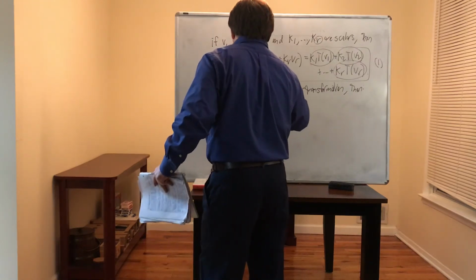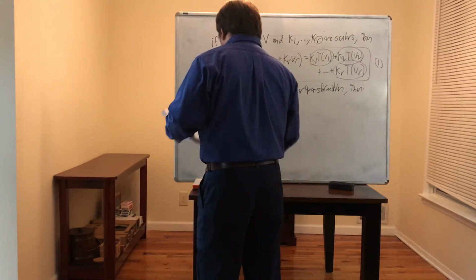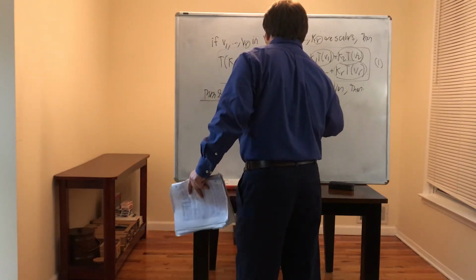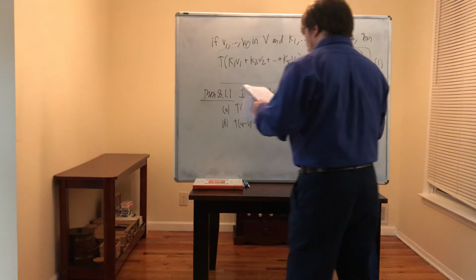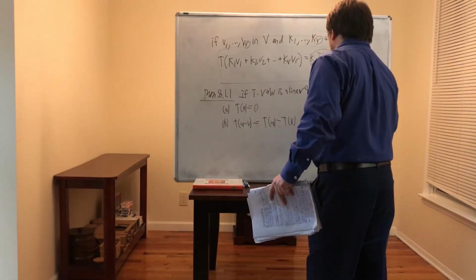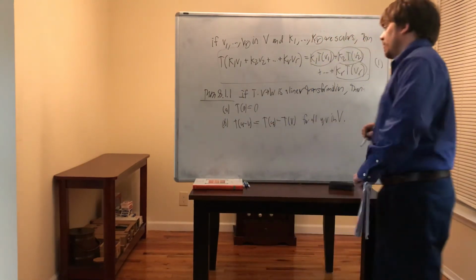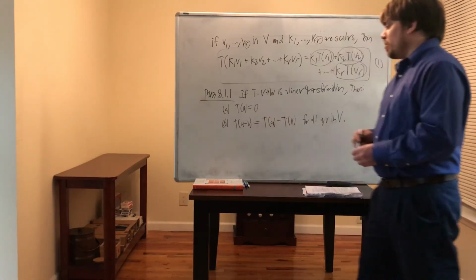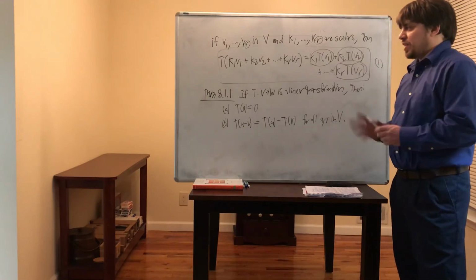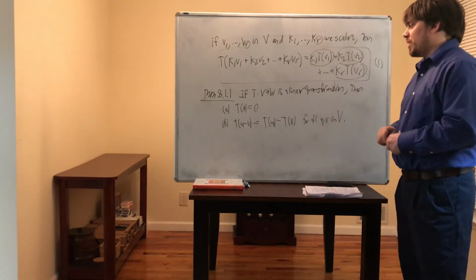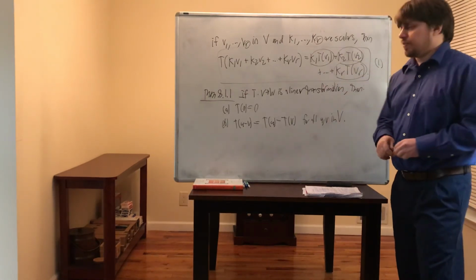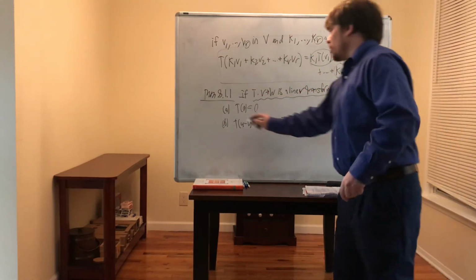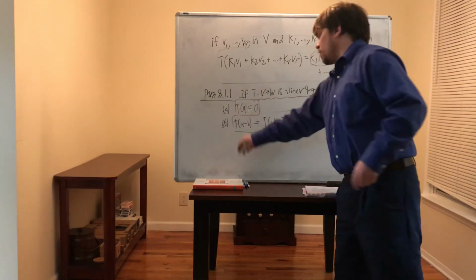A: T(0) is equal to 0, and B: T(u - v) is equal to T(u) - T(v), for all u and v in vector space V. That's theorem 8.1.1 with the assumption that T is a linear transformation from V to W. That's our assumption, and our conclusion is that equation A holds and equation B holds.